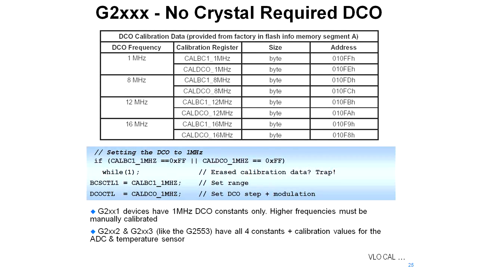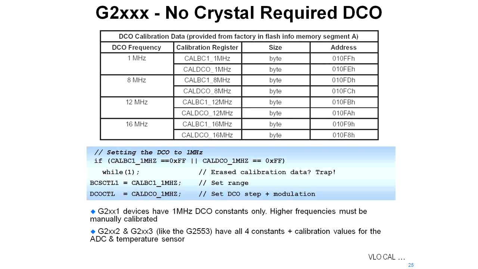For the 2553, they have all 4 constants shown above and the calibration constants for the A to D converter and the temperature sensor. So you can see we can run the DCO at a calibrated frequency of 1 megahertz, 8 megahertz, 12 megahertz, or 16 megahertz. If you want to run them at any other frequency, you'll have to manually calibrate that and then store those calibration constants. Programming the calibration on this is fairly straightforward, and there are only a few instructions shown right below in order to do it.